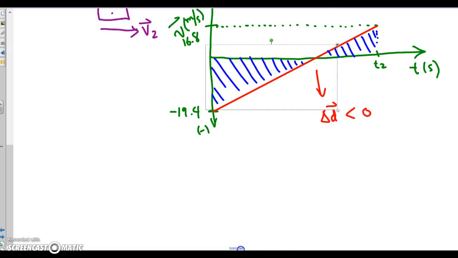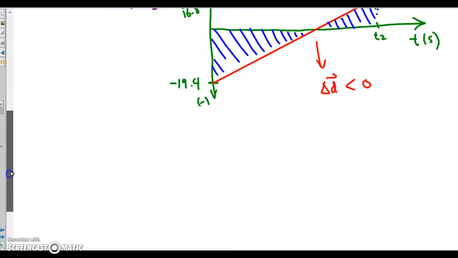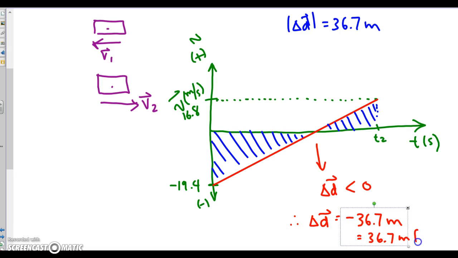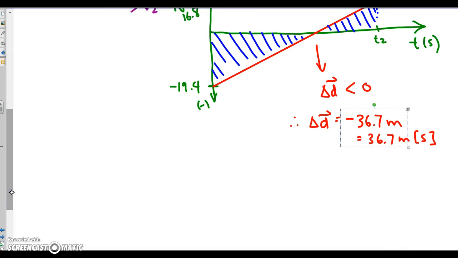Therefore, we can state that the displacement is negative 36.7 meters, which means 36.7 meters south. Now we have enough information to choose a kinematics equation to use.